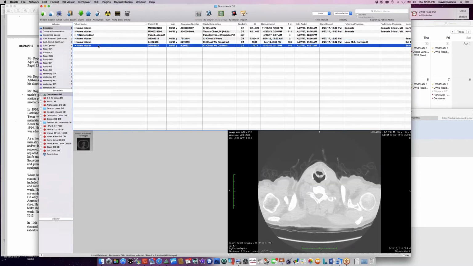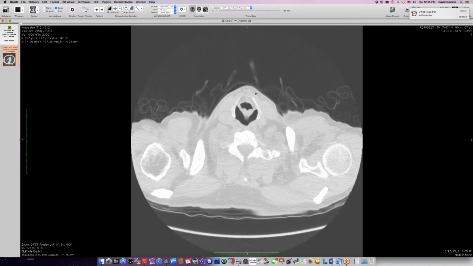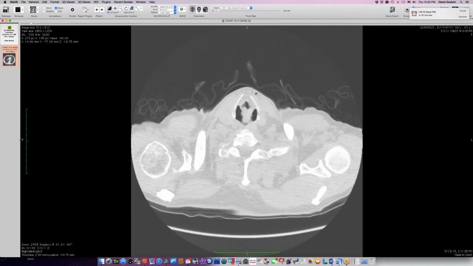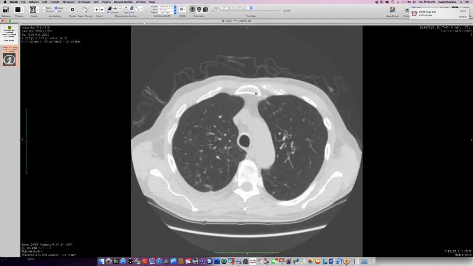Yeah. And let me show you this guy who had CLL, got a stem cell transplant, had graft versus host disease, and was treated for graft versus host disease with corticosteroids, and was on voriconazole prophylaxis to prevent Aspergillus infection.